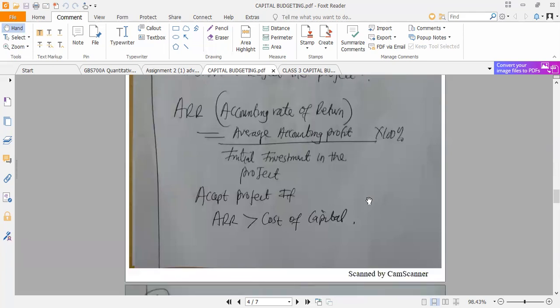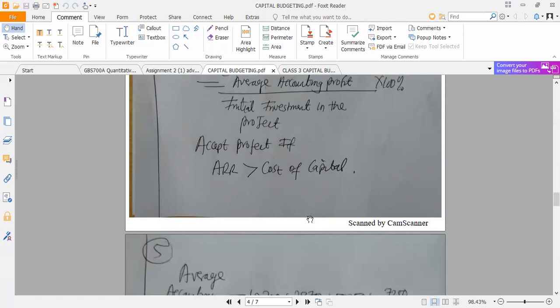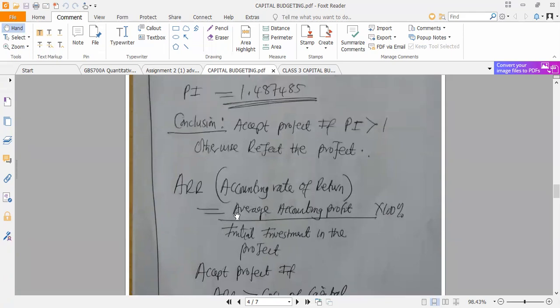So from the table, we were given the accounting profits. We need to find the average of those profits as the numerator in the formula. The initial investment in the project is 120,000.